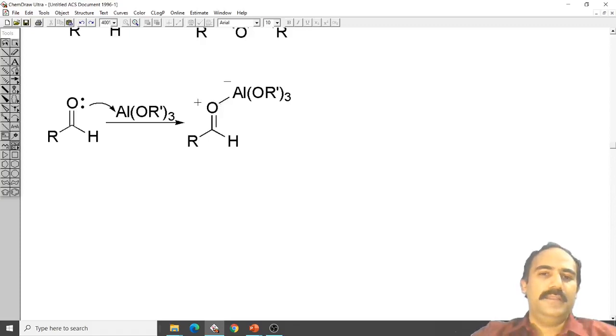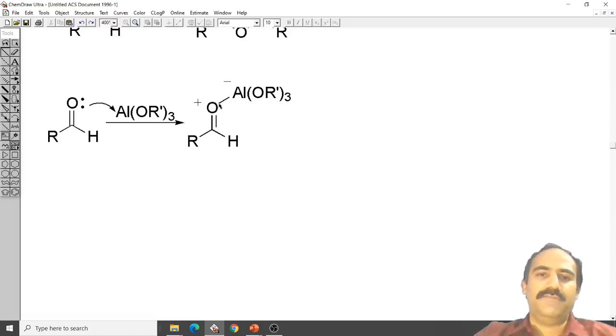Now, the 2 electrons in this bond belong to oxygen, like here. Once in a bond, to calculate charges, we have to consider 1 electron belongs to this atom and the other electron belongs to the other atom.